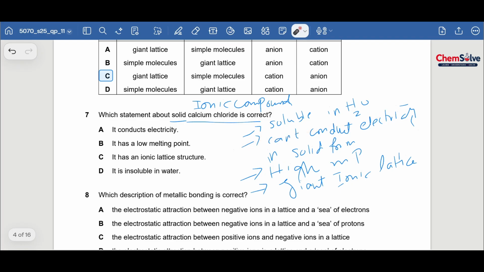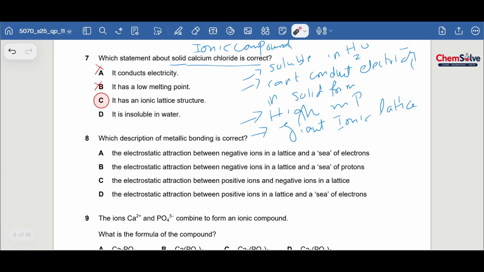So this option is not correct. This is the wrong one. It has low melting point. We just discussed it has high melting point, so this is also an incorrect option. It has an ionic lattice structure. Yes, this option is correct. It is insoluble in water. Obviously not. It is soluble in water. Okay.